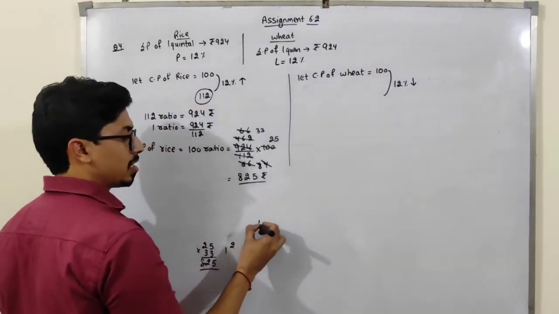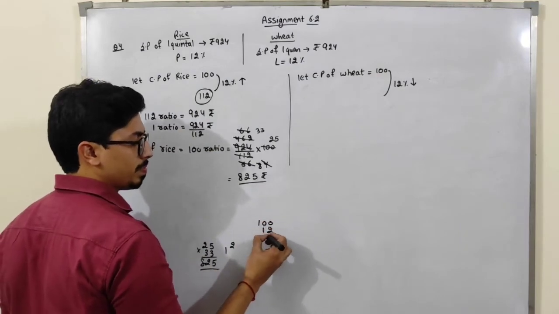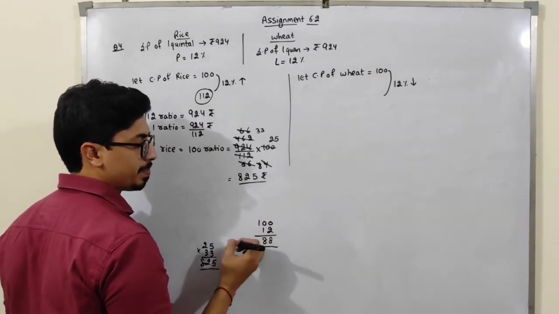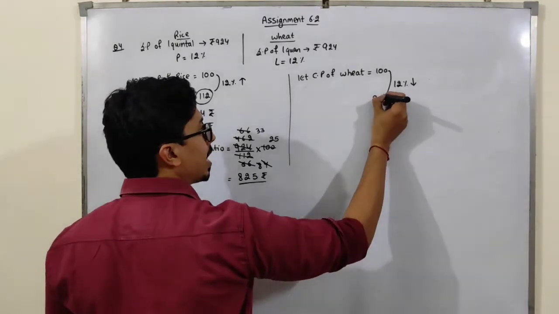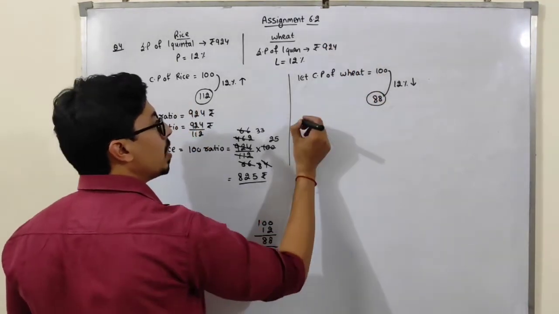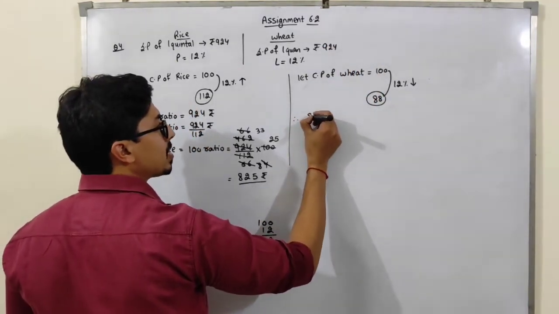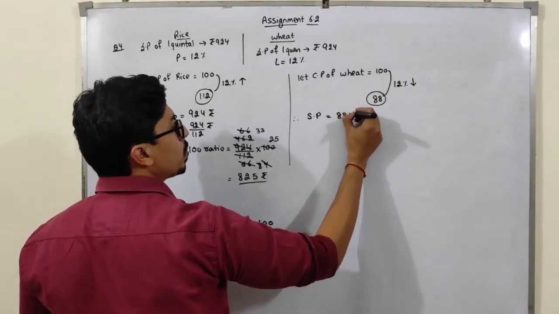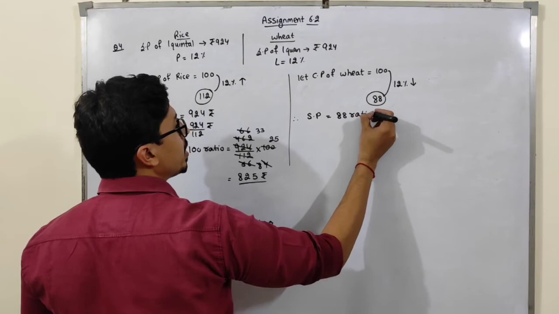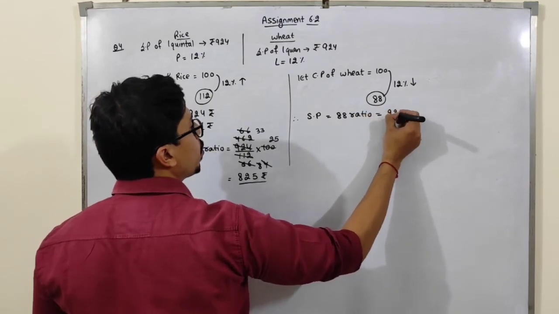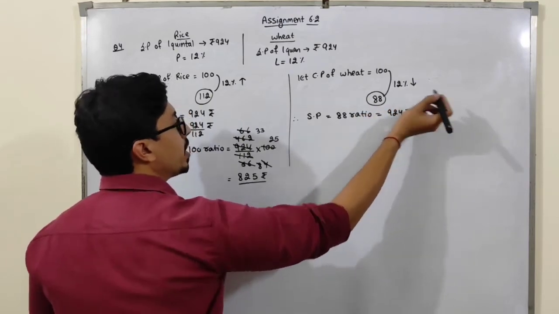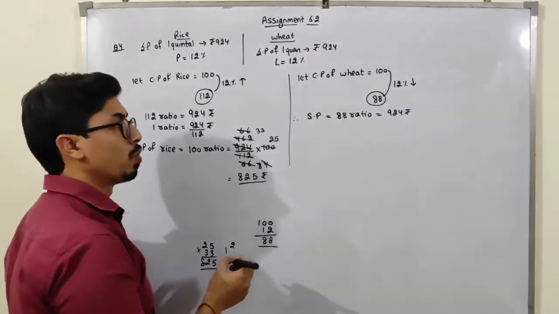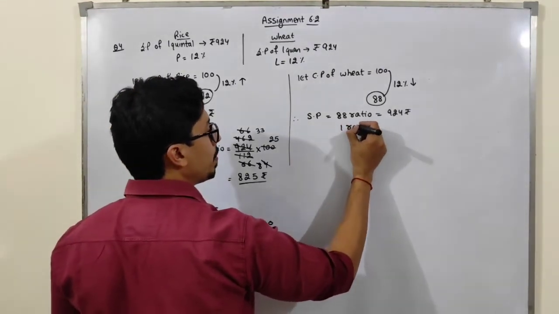If I subtract these two, it will be 88. That means I am selling it at 88 now. Therefore, the selling price is equal to 88 ratio, and according to the question, it is 924 rupees. So 1 ratio will be how much?